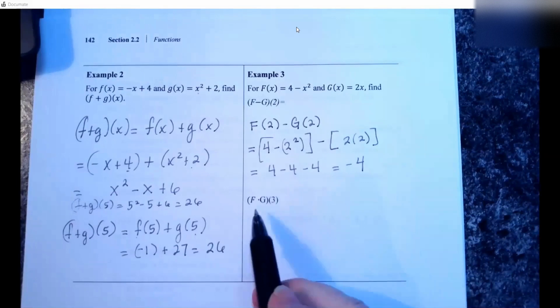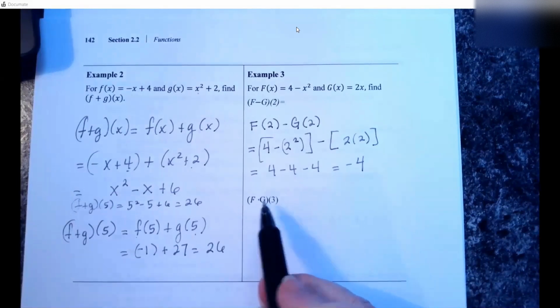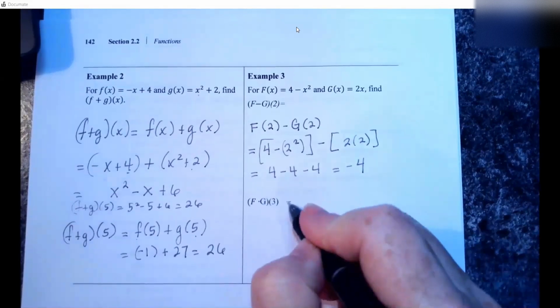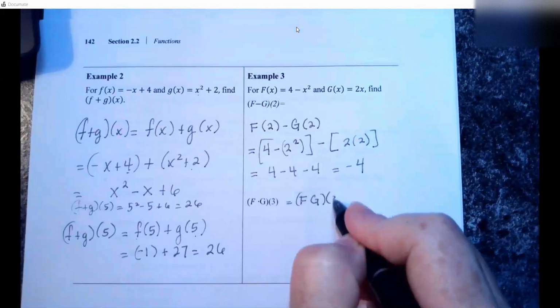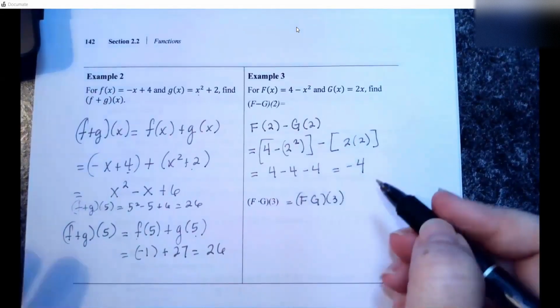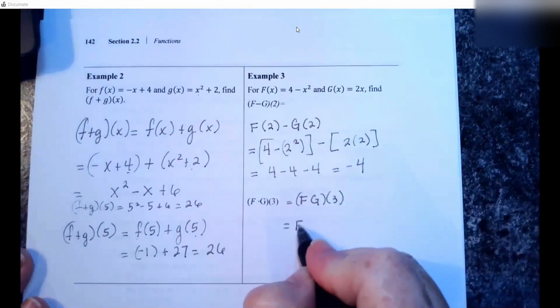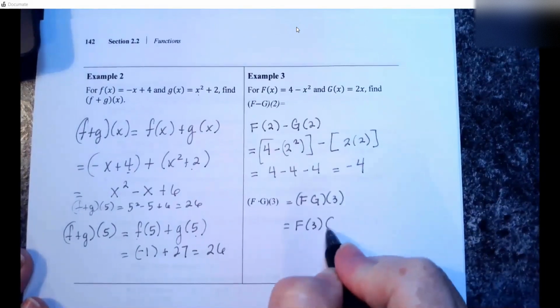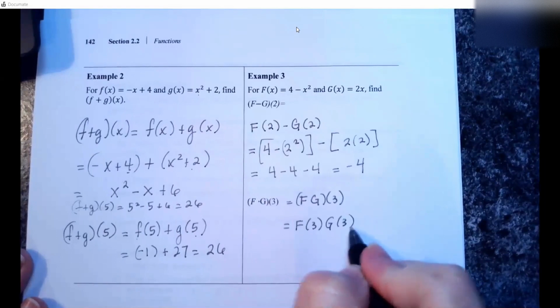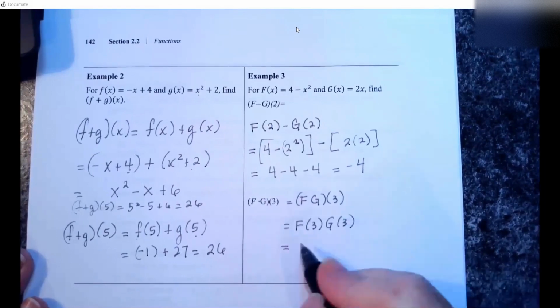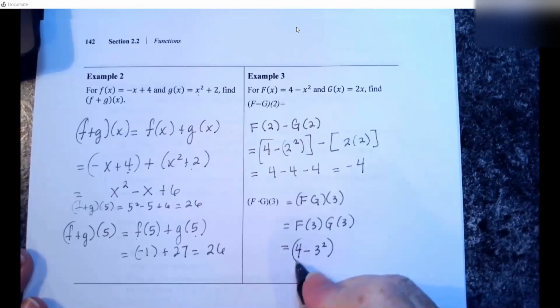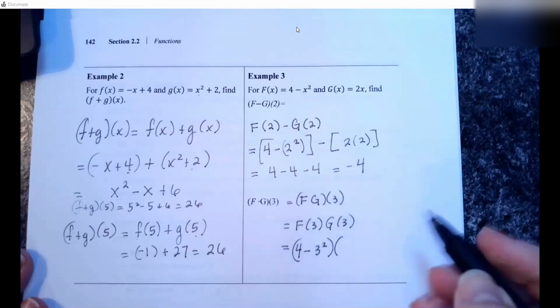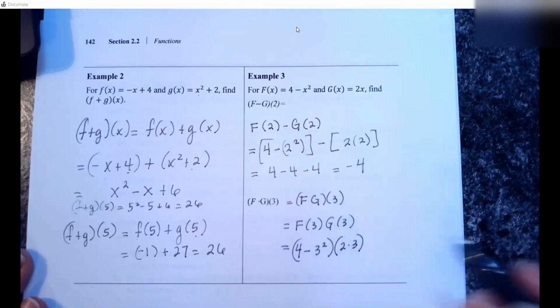Now, in this case, we do have the little closed dot between them, but that's the same thing as fg of 3, or just f times g of 3. And so that will be f of 3 times g of 3. The f of 3 would be 4 minus 3 squared, and g of 3 will be 2 times 3.